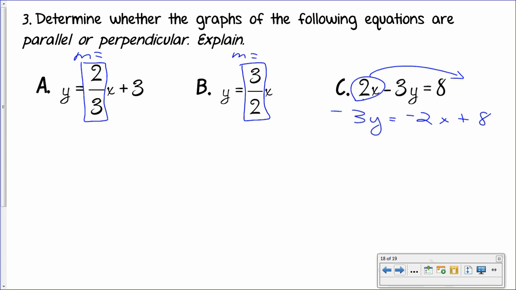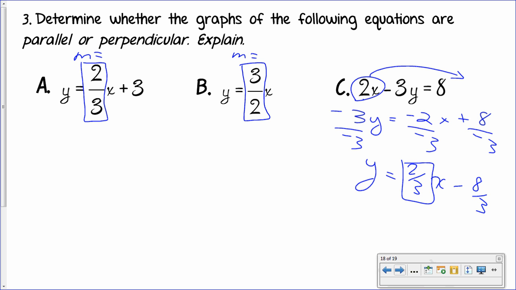Then what? What's that? -3. Slope is 2/3. So what do you got here? Parallel, good.